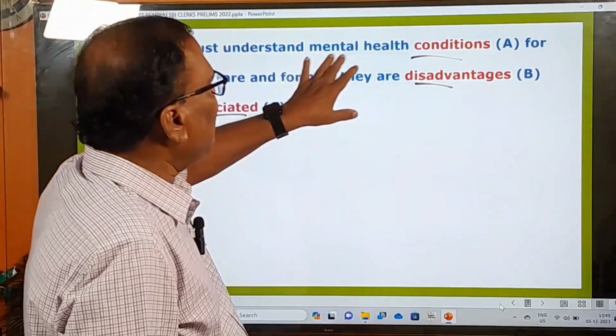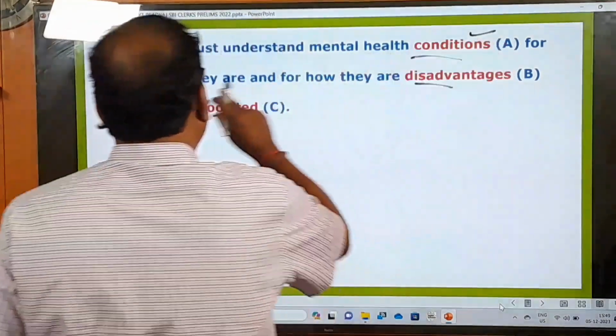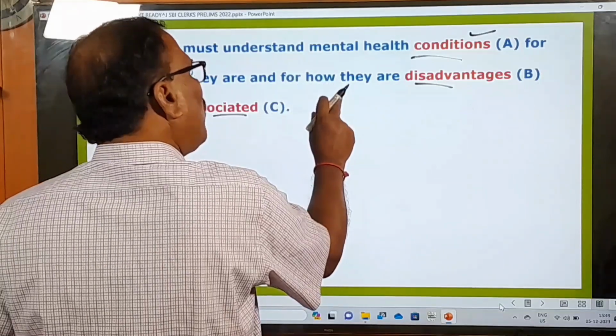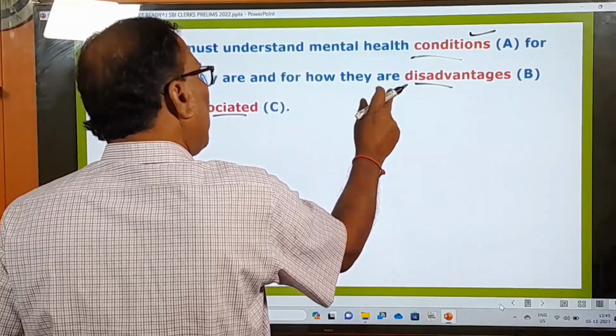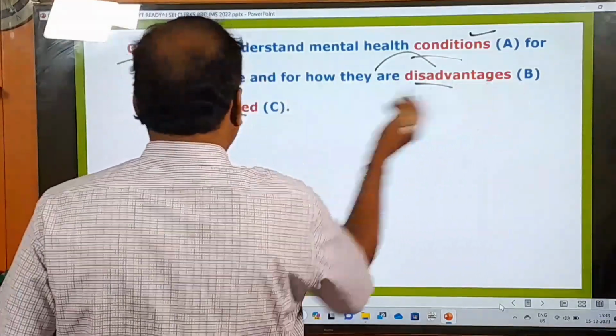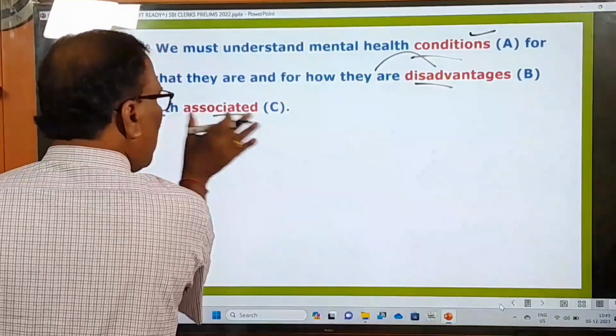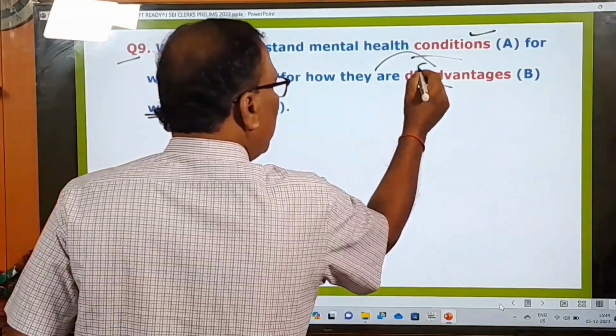We must understand mental health conditions. Okay, this A is okay. For what they are and for how they are disadvantaged. How they are disadvantages cannot be there, because after disadvantage, with is there, disadvantage with associated. This construction does not suit. So what should be there? Associate must be here.